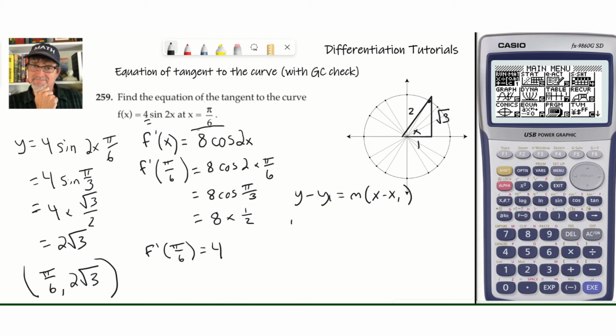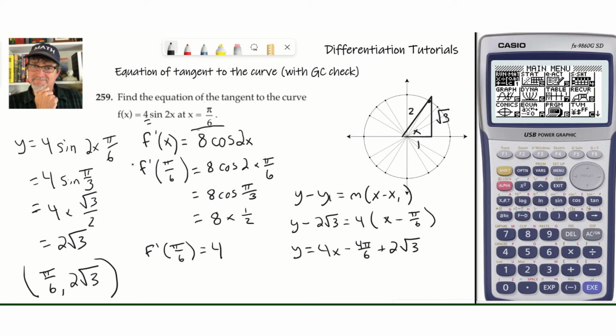So that's y minus 2 square root of 3 equals 4 times x minus pi over 6. Let's tidy this up. We could say y equals 4x minus 4 pi over 6 plus 2 square root of 3.